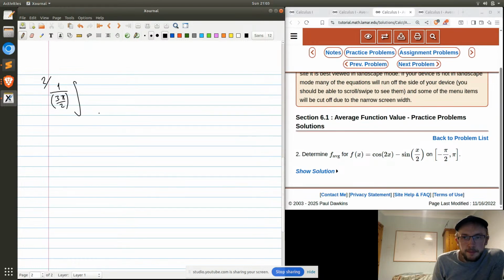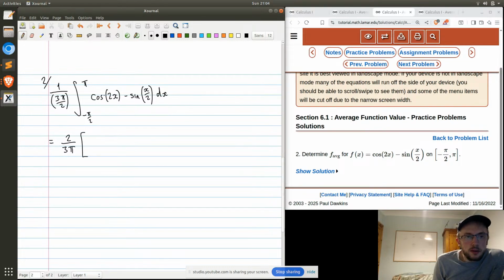Should do that to show that you understand that. Minus pi over 2 to pi and integrate in a second. What's the reciprocal of that? 2 over 3 pi.